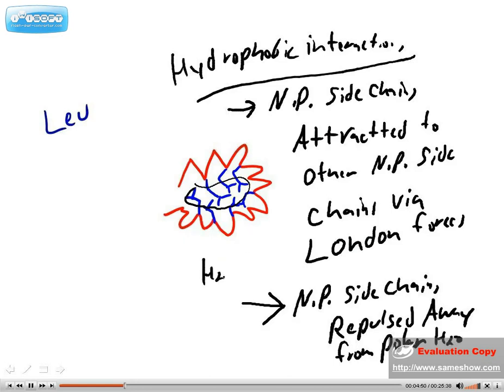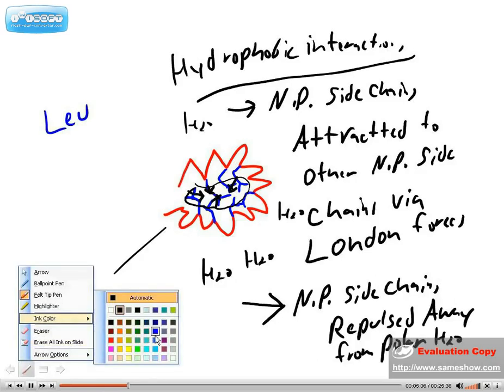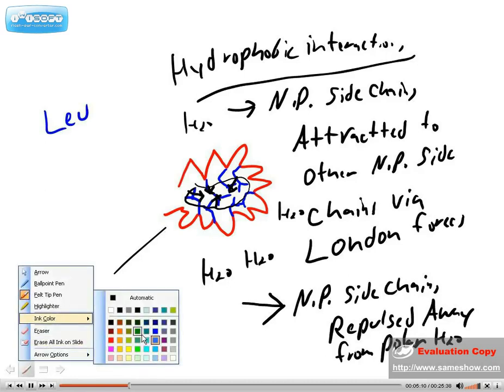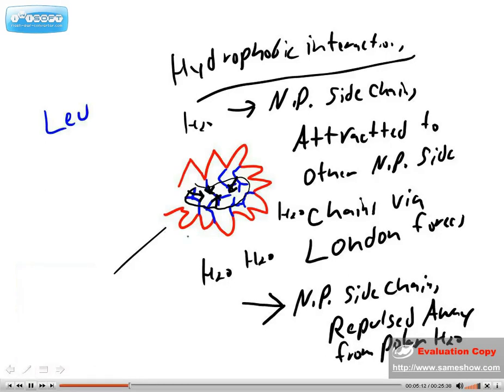So notice if we have water on the outside, the nonpolar side chains are going to be attracted to each other, and they're going to be repulsed, and I'll go ahead and I'll use green.